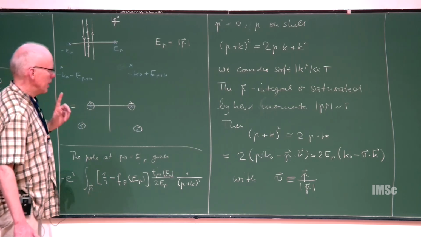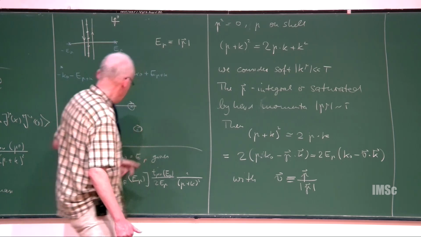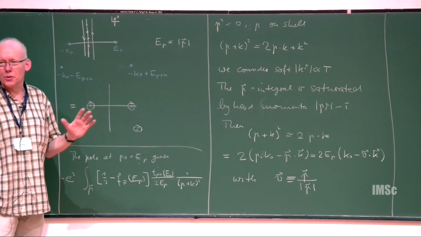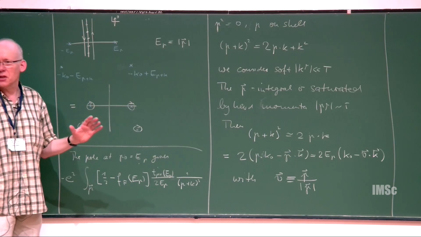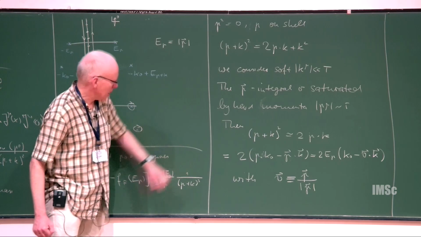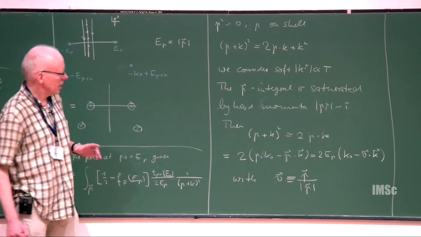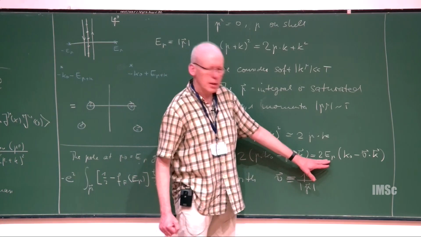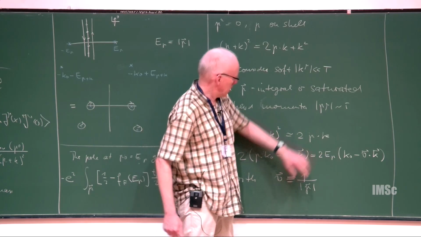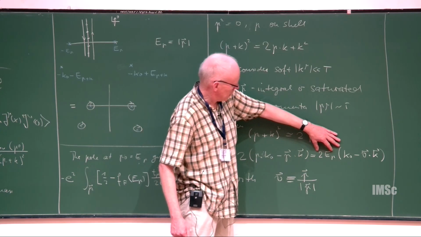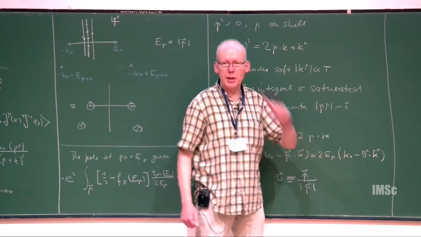Okay, but then what we see now is really the new thing here today. This expression factorizes into the length of the vector p, and then something which only depends on the direction.